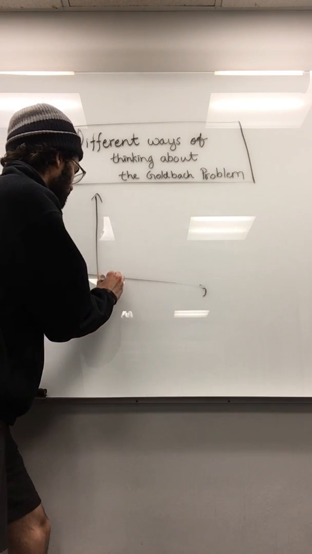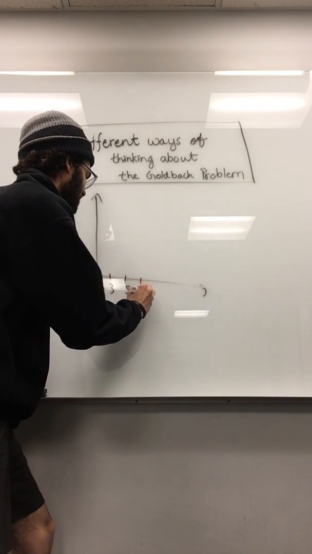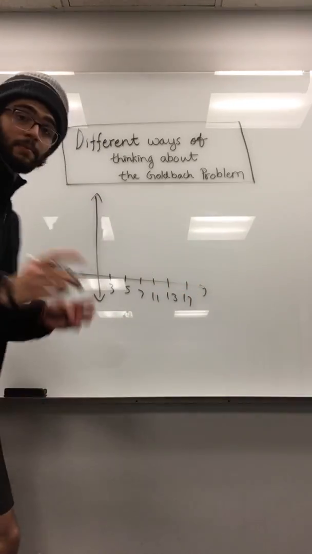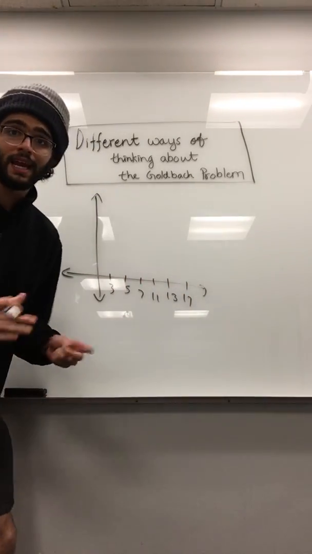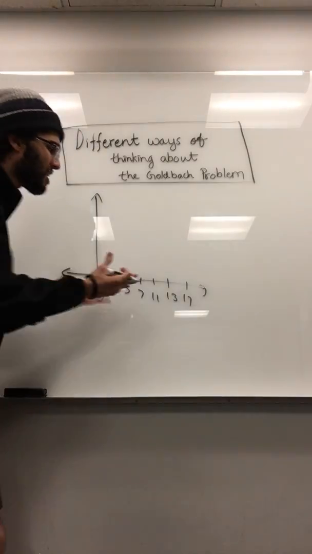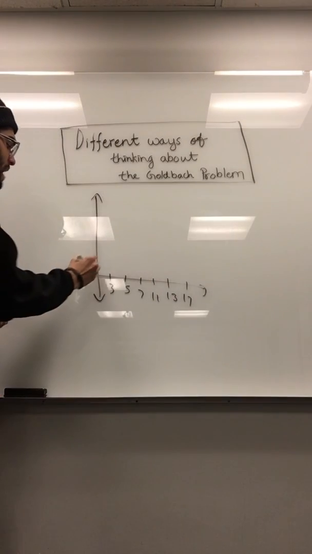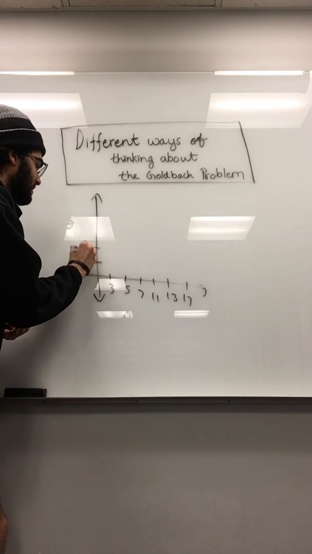So if we plot the primes like this, 3, 5, 7, 11, 13, 17, remember, I'm not spacing them out evenly, and I don't think they should be, because we don't really care what the gaps are. We are just saying that the primes are being plotted evenly, and we do the same thing on the y-axis.